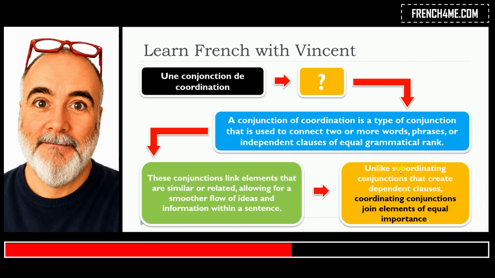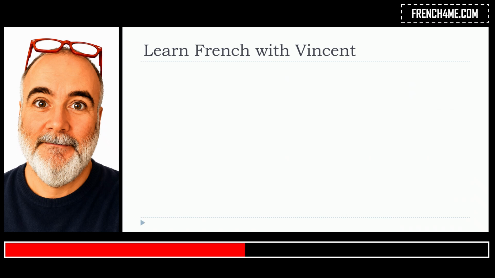And unlike subordinating conjunctions that create dependent clauses, coordinating conjunctions join elements of equal importance. So they will connect elements that have the same importance in the sentence.